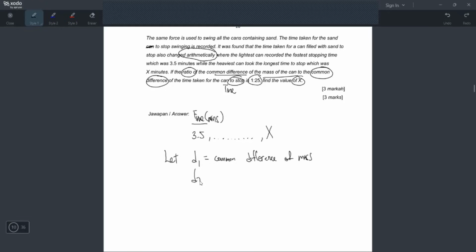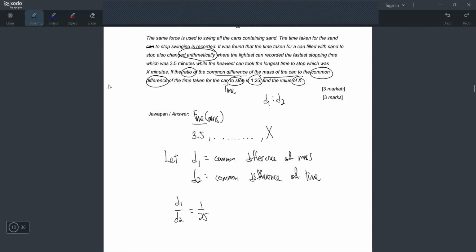And then D2 will be common difference of time. Okay. So let's read again. If the ratio of difference of the mass of can, which is D1, to the common difference of time taken, which is D2. Because ratio, if I say D1 ratio D2, it means D1 over D2 is equals to 1/25, right? This is what it means.